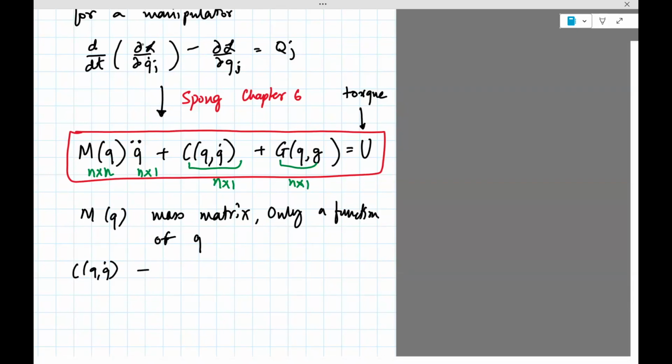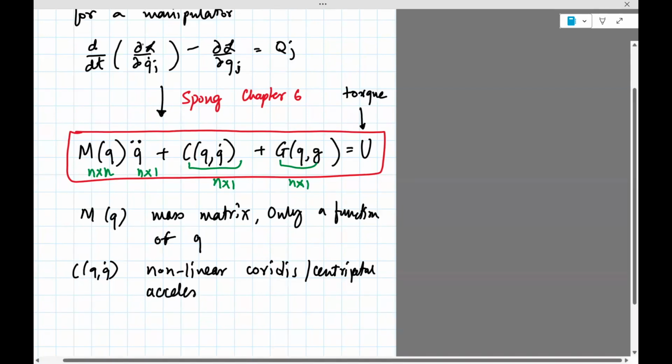C(q, q dot) is the nonlinear Coriolis centripetal acceleration term.